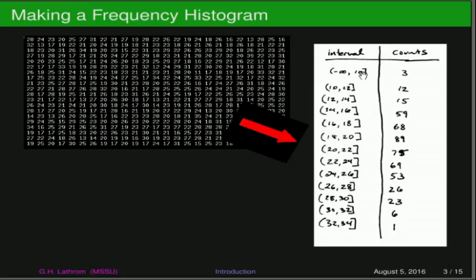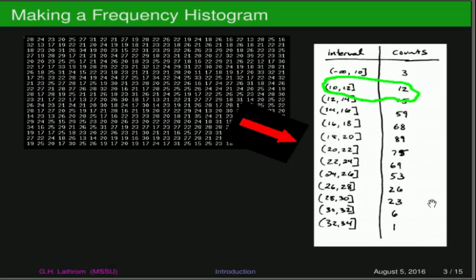So here's our I sub 1, I sub 2, I sub 3, and so on. Then I go back over to my data set and count how many of my data points show up in a particular subinterval. That gives me a list of counts for every single subinterval.